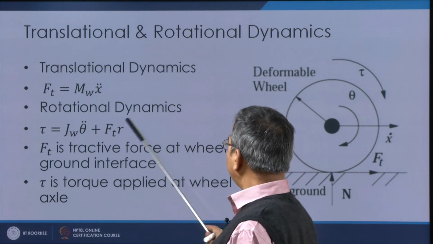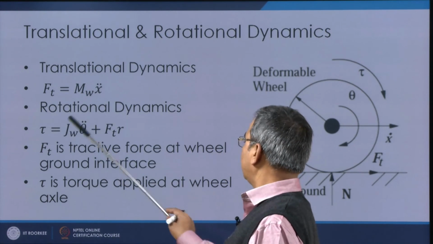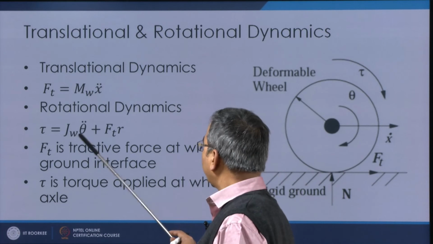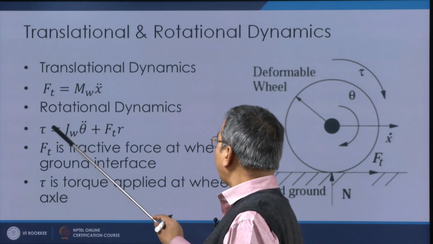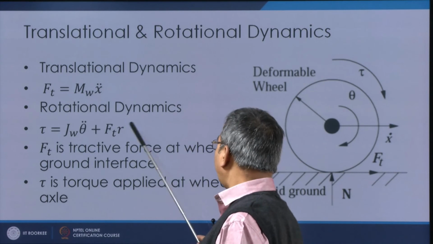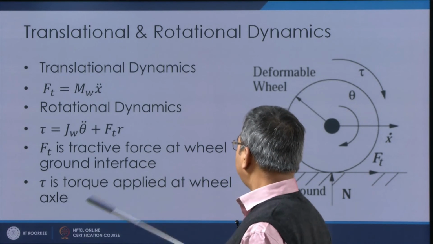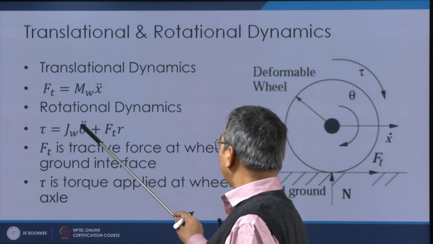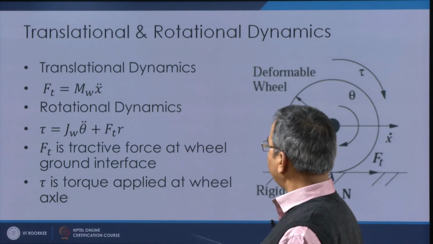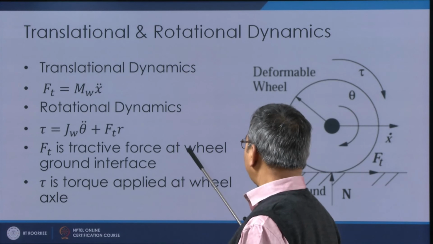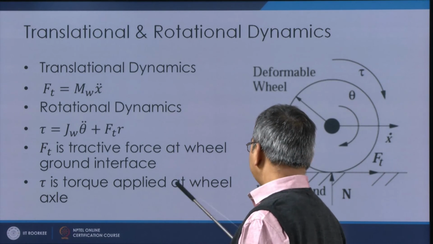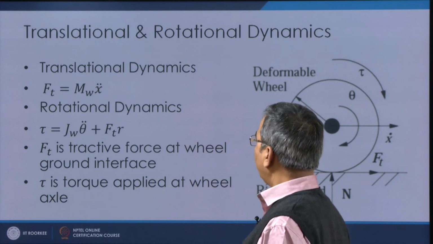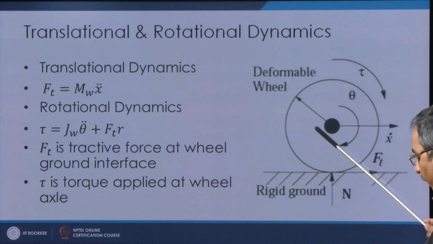The rotational dynamics is given by the torque tau: torque minus the traction torque Ft r is equal to J of the wheel into the angular acceleration of the wheel. Here Ft is the tractive force at the wheel-ground interface and tau is the torque applied at the wheel axis. So these two expressions give the translational and rotational dynamics of a wheel.